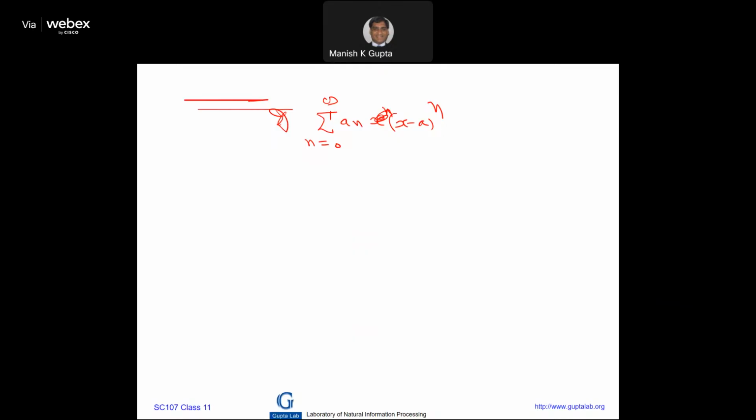Now I have to find this radius of convergence, meaning those values of x for which the series is convergent. How do we do that? I will apply the ratio test.